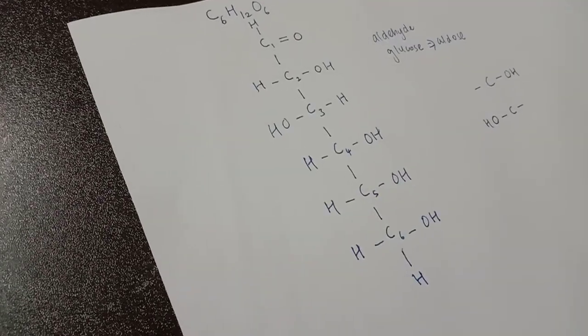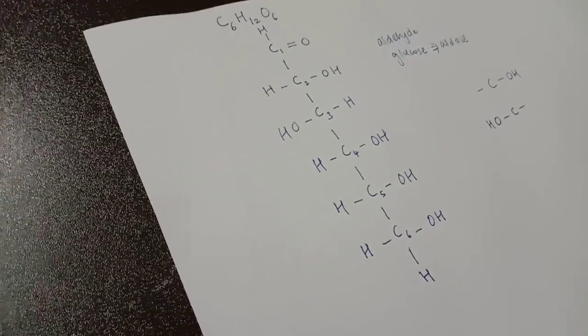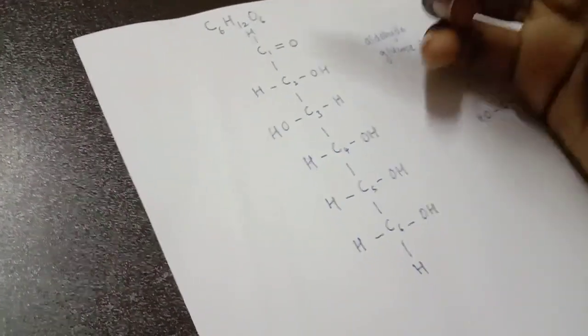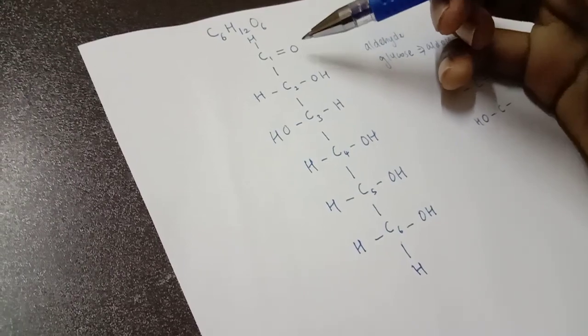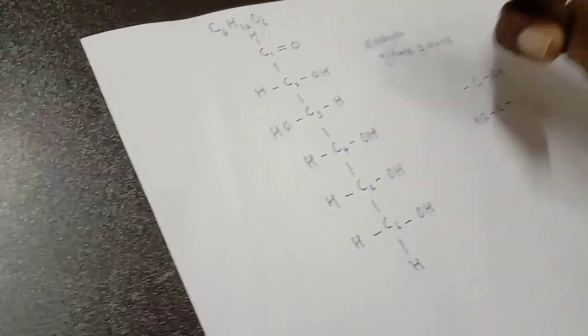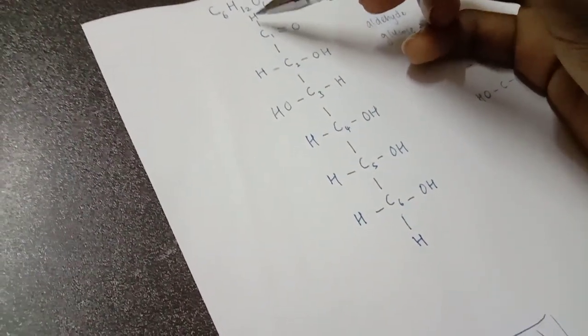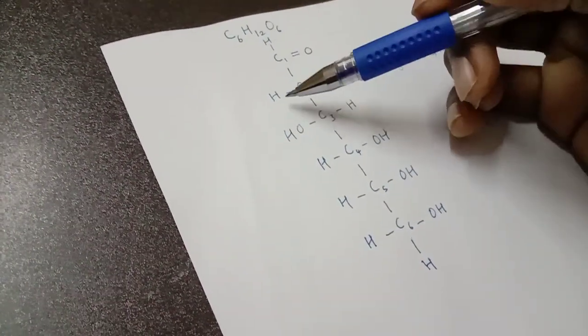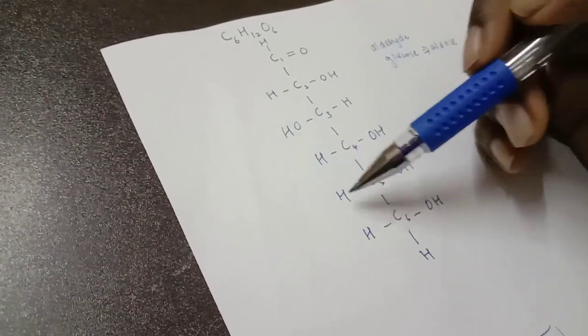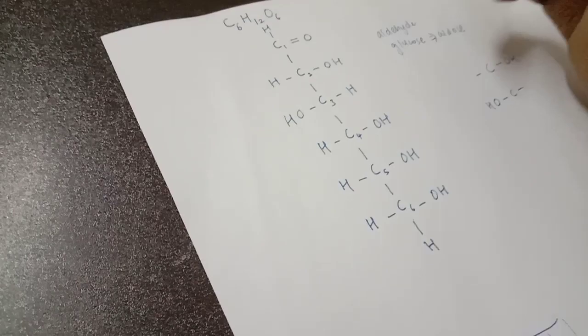Now, just look at the diagram. There's 6 carbon atoms, 6. And now, you just have to make sure there are 12 hydrogen atoms and 6 oxygen atoms, just in case you're not wrong with the diagram. We'll check with the H first. 1, 2, 3, 4, 5, 6. 7, 8, 9, 10, 11, 12.